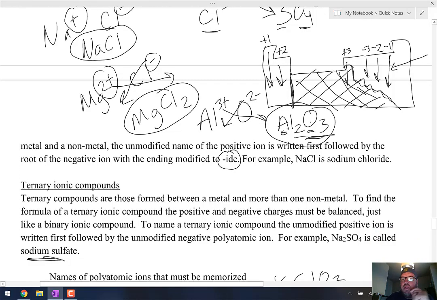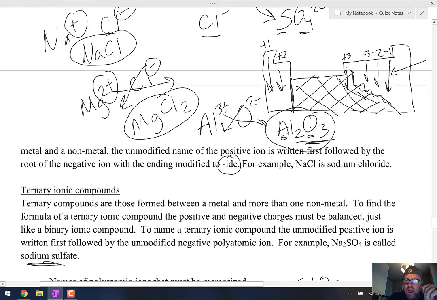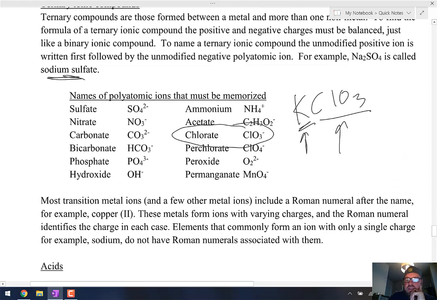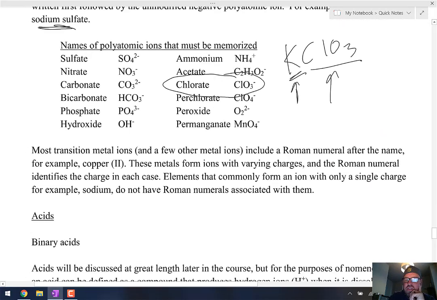Okay, and what that means is, for example, iron is kind of right in here if you look at the periodic table, Fe. And iron sometimes has a +2 charge, sometimes it has a +3 charge. Well, how are we supposed to know that? Well, you look at the chemical formula.